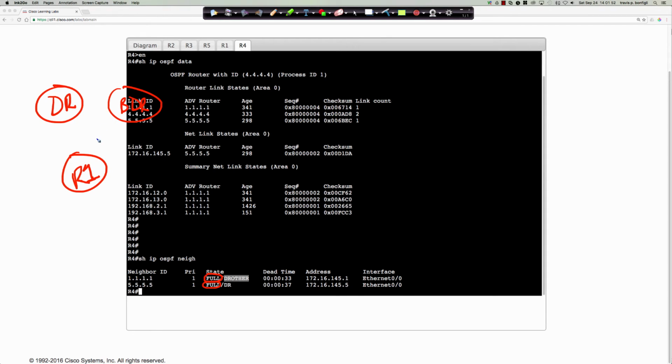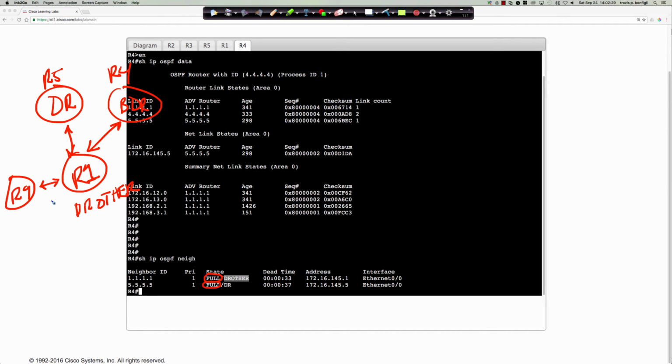And so here we go. We've got the DR, who is router 5. The BDR is router 4, and router 1 is just a DR other with router 4. From an adjacency standpoint, everybody is going to be adjacent to the DR and the BDR, right? So if I had another router over here, say router 9, these guys would not form a full adjacency.